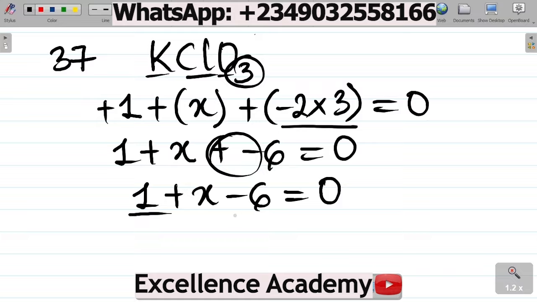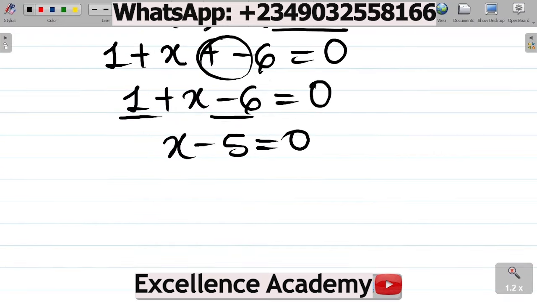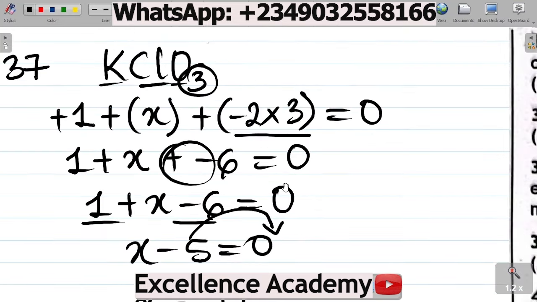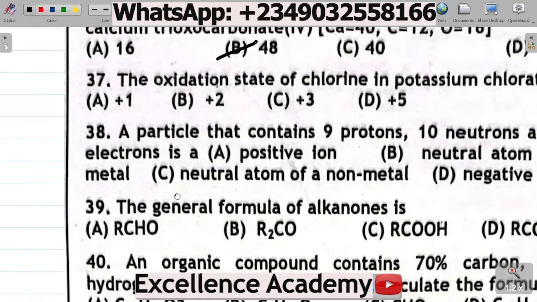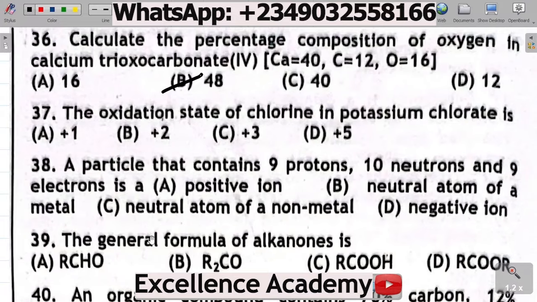I have 1 minus 6, which gives you -5. So X minus 5 is equal to 0. Let's get the value of X. So X is equal to, moving -5 over here, becomes +5. So the oxidation number is +5, and that is option D, +5. That's your correct answer.